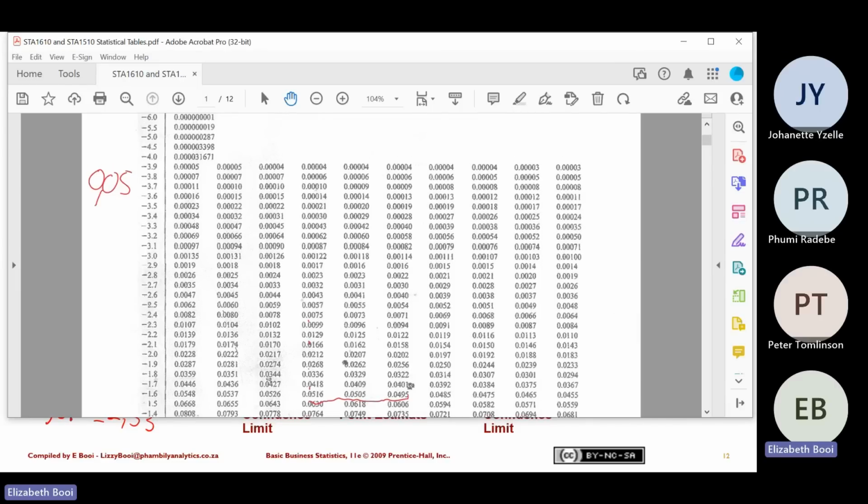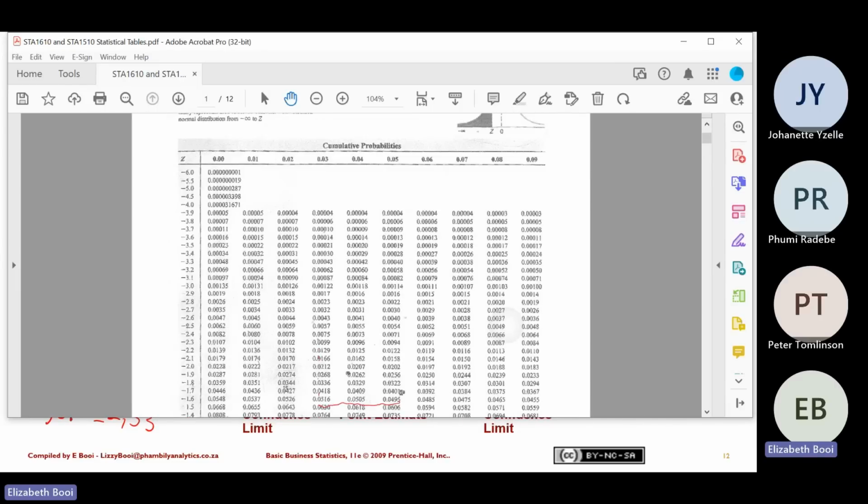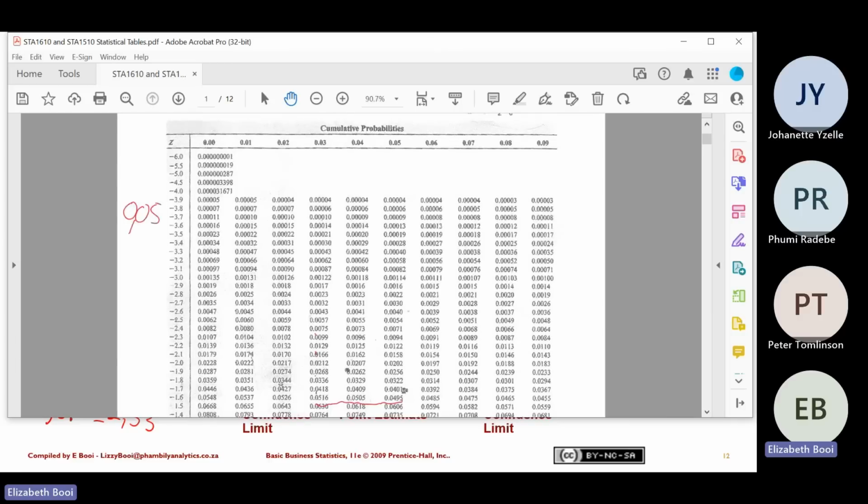Since it's 5 on both sides, our critical value will be divided by both. We're not worried about the minus.